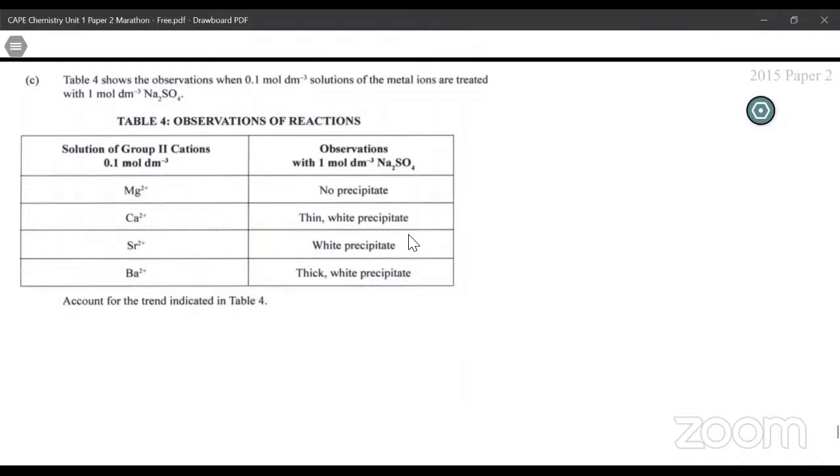Thick white precipitate, yeah. So the ones that have the thick white precipitate versus no precipitate, those would be less soluble than the one with no precipitate, right? How you can account for the trend in solubility here is that the large size of the sulfate ions and the slight increase in the size of the cations result in small decreases in the lattice energy, right?